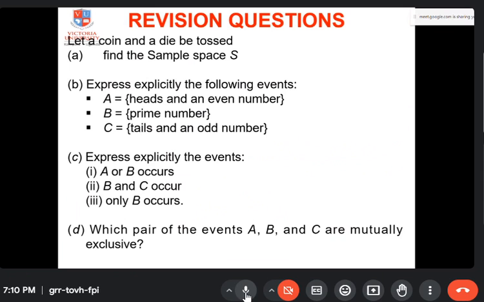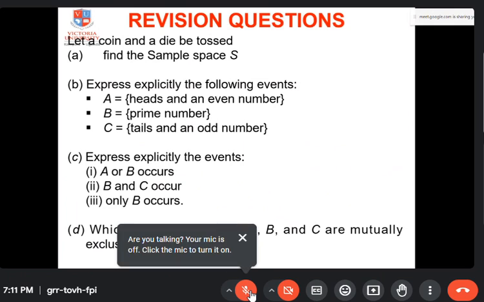So how about B and C? So we have tails and the odd number. Those ones are also having some elements in the intersection.